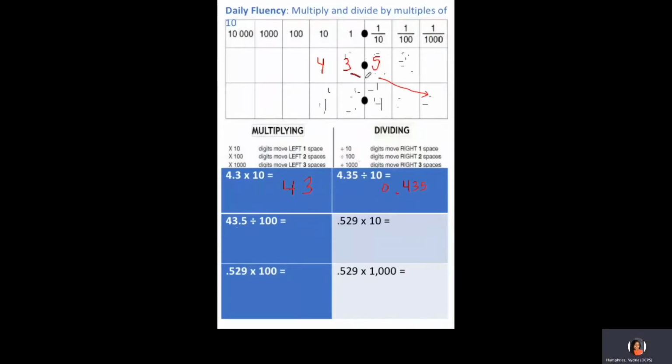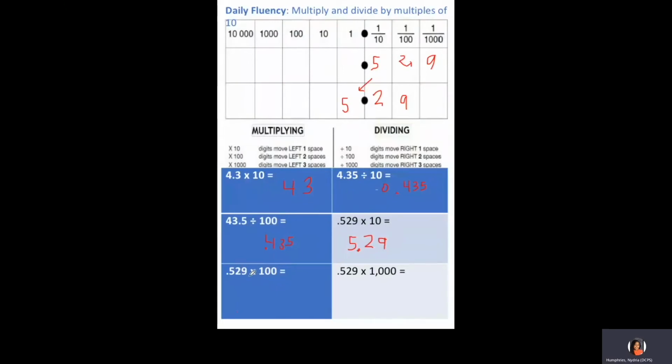We got to move the 3 over 2 spaces. And we need to move the 4 over 2 spaces. And so our answer is 435 thousandths.